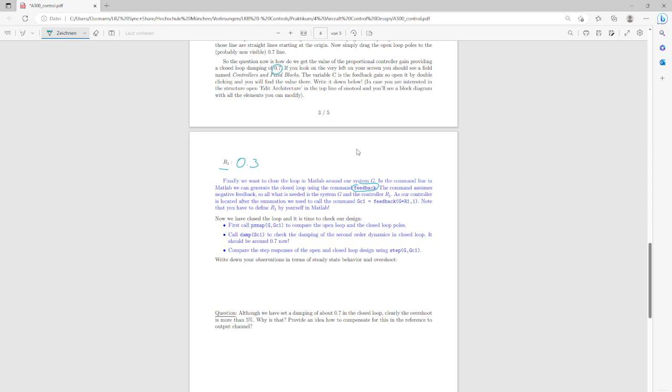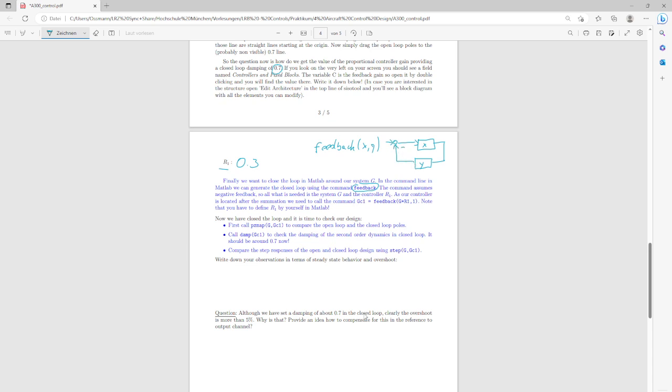So what the feedback command is doing, it has X and Y in here. So you need two parameters, and the first parameter is in the feed-forward part, if you consider your feedback loop here. And the second parameter is in the feedback path here, right?